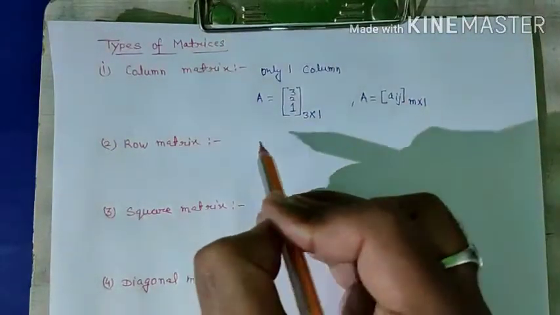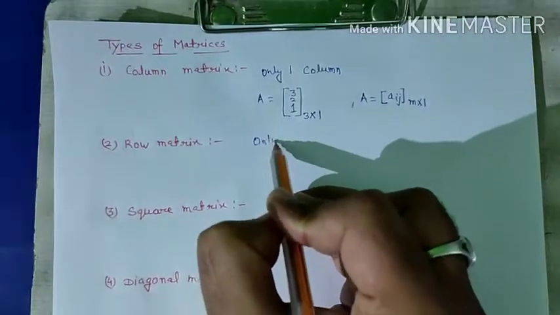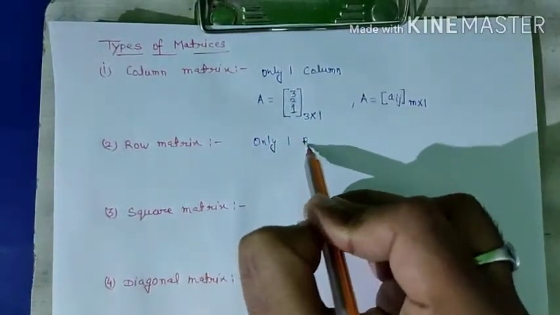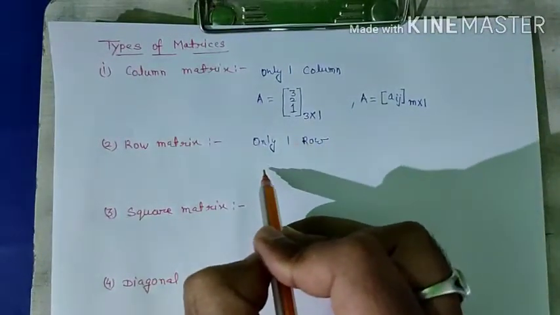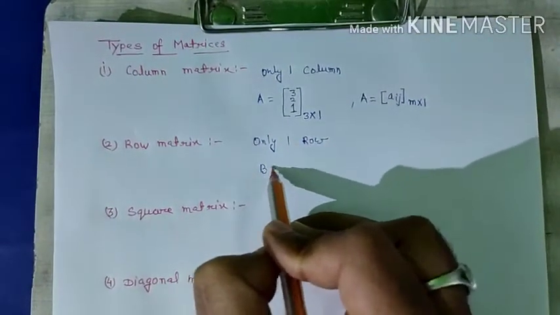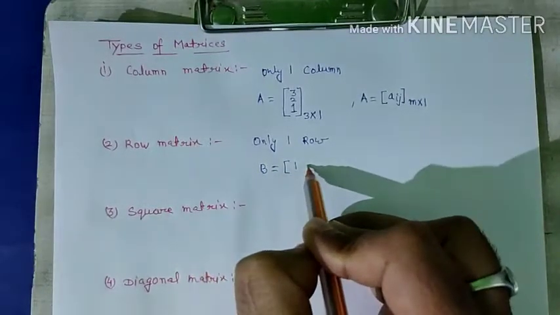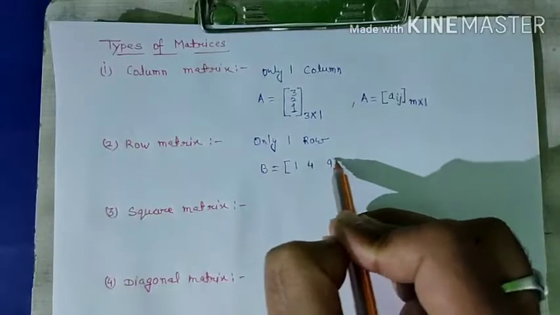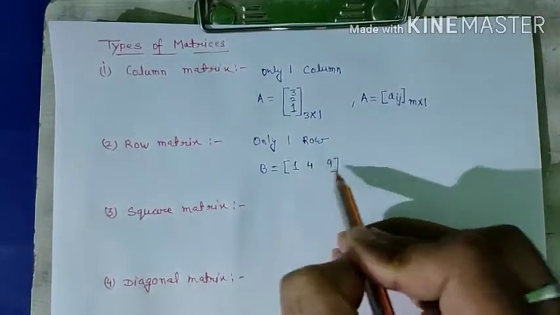Now similarly, a row matrix has only one row. Like we can have a matrix like this: 1, 4, 9. And what is the order of this?